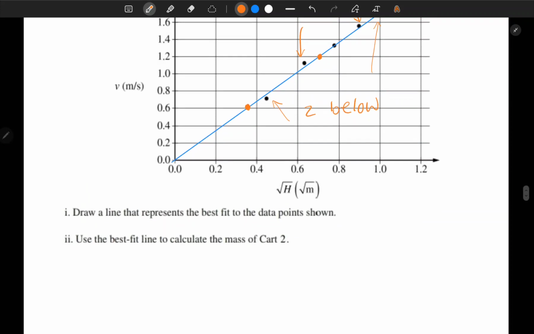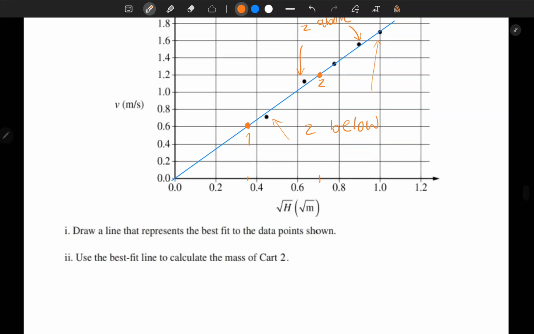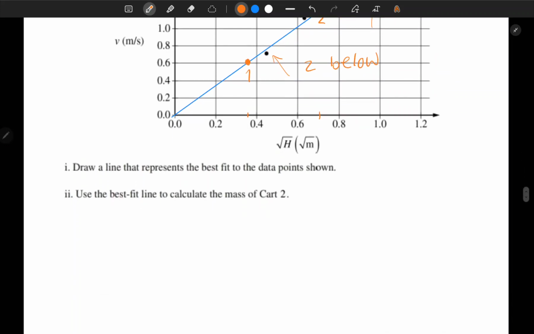So, for point 1, we have a y value of 0.6 and an x value of approximately 0.35. For point 2, we have a y value of 1.2 and an x value of 0.7. So, the slope here is given as follows.